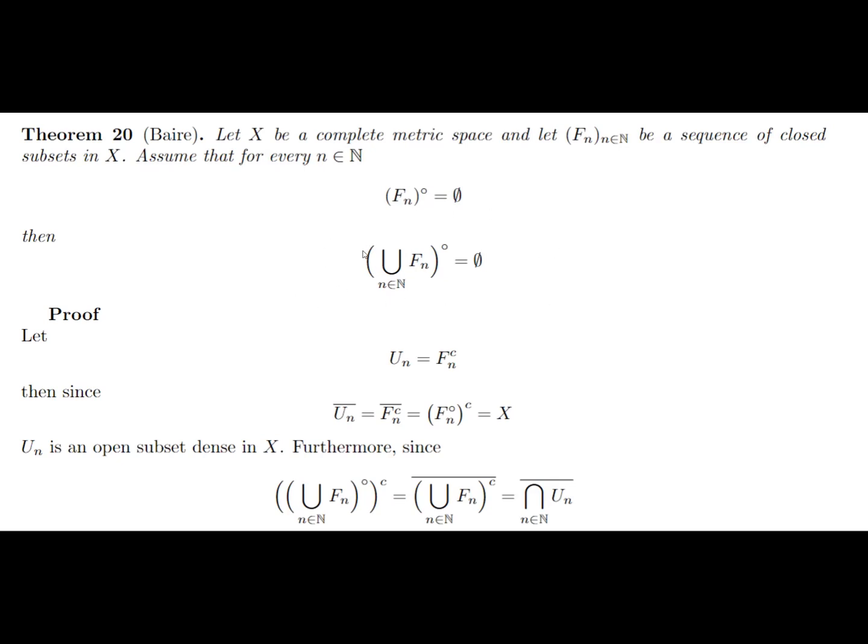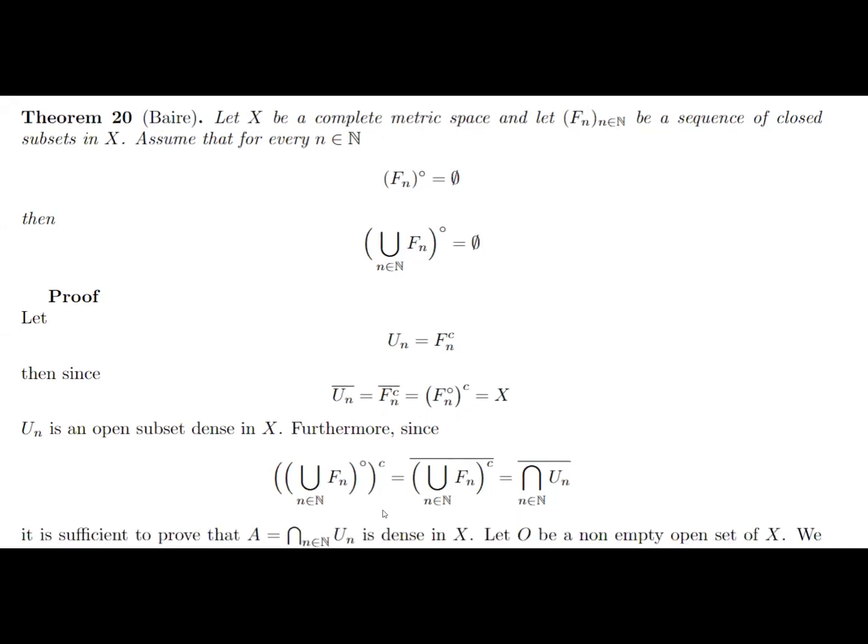By using the formulas with complements, closures and interiors, this conclusion transforms into: the intersection of the closures of U_n is equal to X. That is to say, we want to prove that the intersection of the U_n is dense in X. Okay, so that's what we are going to do. This is the next step of the proof.